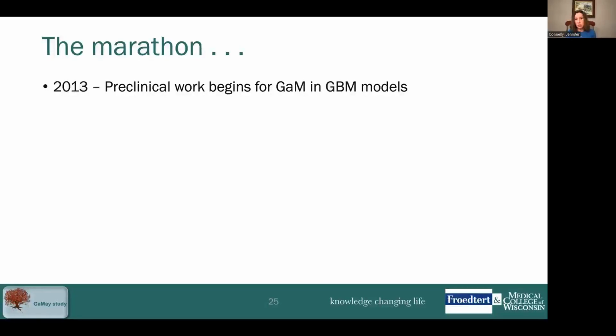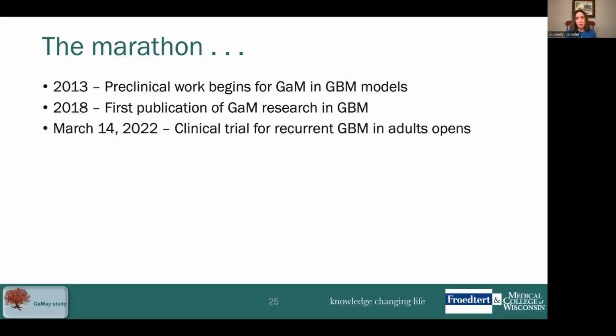Our preclinical work for gallium maltolate in glioblastoma started in 2013. We had the first publication of gallium maltolate in GBM come out in 2018. We opened the clinical trial in March of 2022 and enrolled our first patient shortly thereafter.